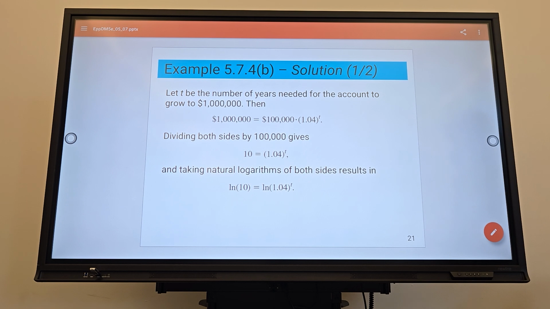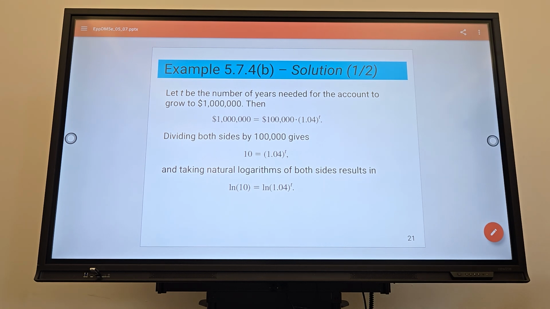Let the number t be the number of years needed for the account to grow to 1 million. Then you would calculate 1 million equals 100,000 times 1.04 to the t power. Dividing both sides by 100,000, 10 equals 1.04 to the t.